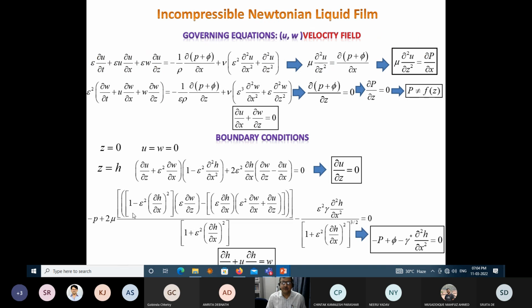Now, if I just remove all the epsilon related terms, you see, I get a very simple equation.